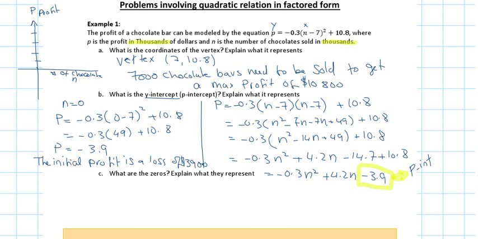You made the chocolate bar or you bought the chocolate bar, but you haven't sold any yet, right? So all the money that you have spent, they're from your own pocket, so it's a loss. Now I kind of need this form in order to be able to answer the next question, so it's okay that we did both of them.